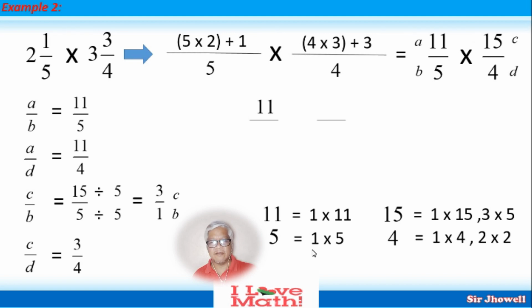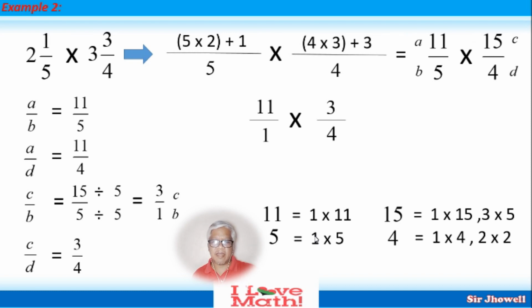Siyempre, nabago. Dahil, sabi nga natin, new value of B is 1. And then, new value of C, instead of 15, naging siyang 3. And value of D still is 4. So, this time, our problem is 11 over 1 times 3 over 4.